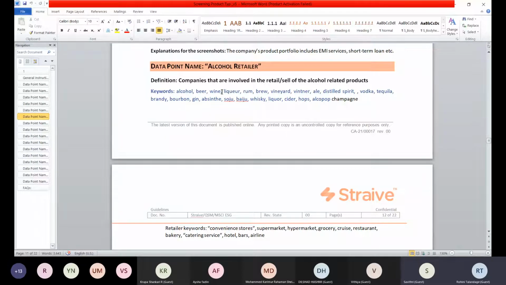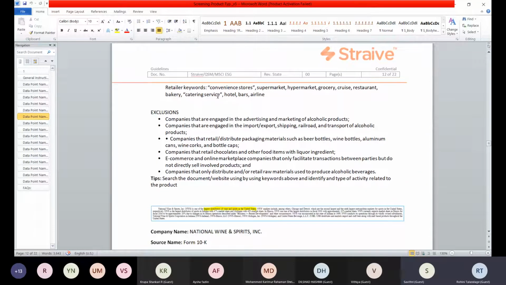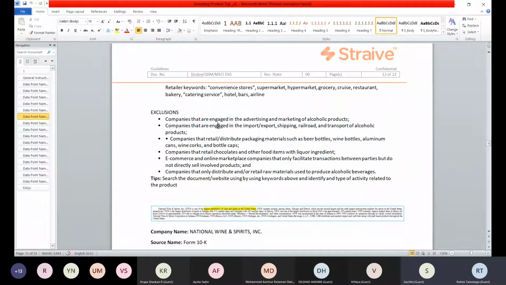If they are saying clearly that yes, they are selling it, you have to mark it as yes. And for this also we have some exclusions. These are the same exclusions, like whether they are making the advertisement of alcohol products, or they are just importing or exporting it. Import and export is not selling of alcohol, right? They are just importing and exporting it, so we cannot mark it as yes.